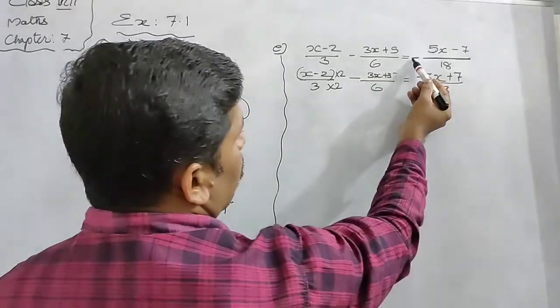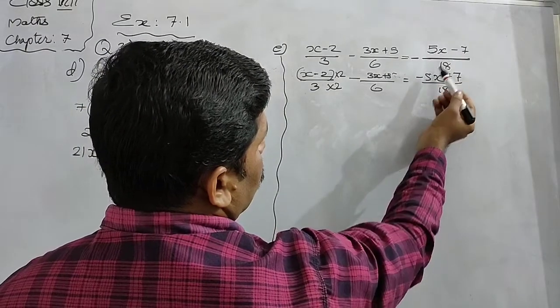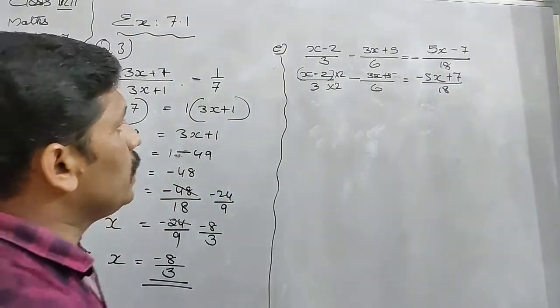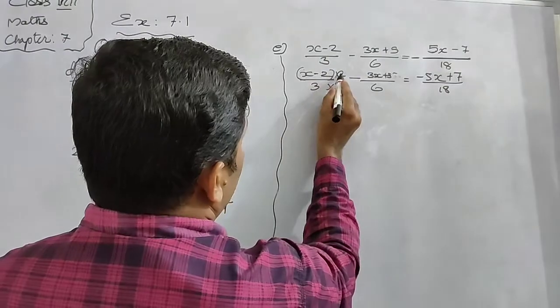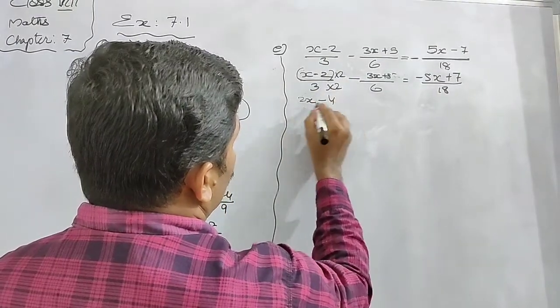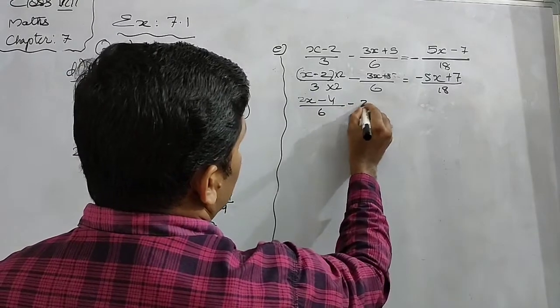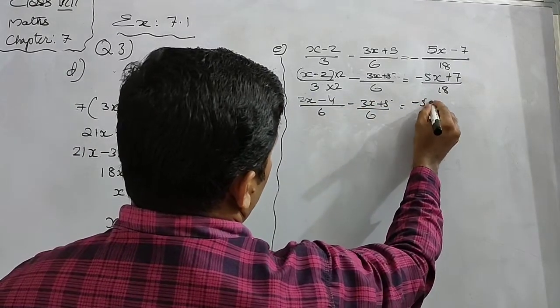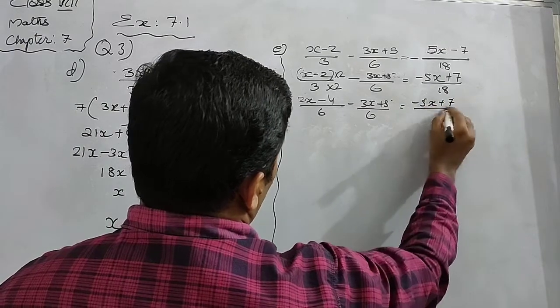That's why we multiply. Negative into positive is equal to negative, and negative into negative is equal to positive. In that way, we change it. And here, students, we multiply 2 into x, 2x minus 2 into 2, 4 upon 6 minus 3x plus 5 upon 6 is equal to negative 5x plus 7 upon 18.